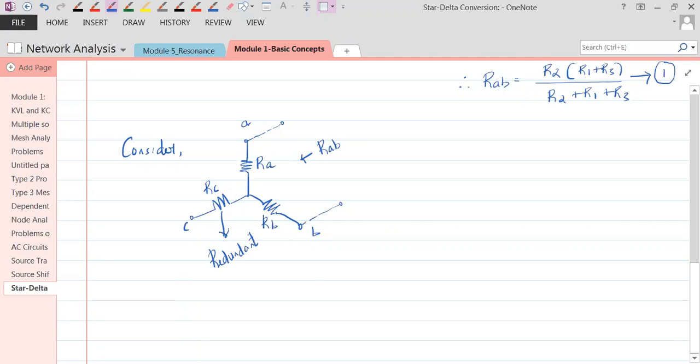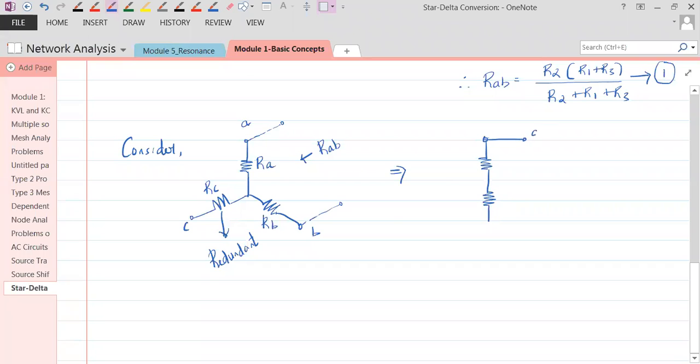When I'm finding the RAB, the resistance across AB, keeping star into consideration, RC is of no use to me. The circuit actually looks like this.